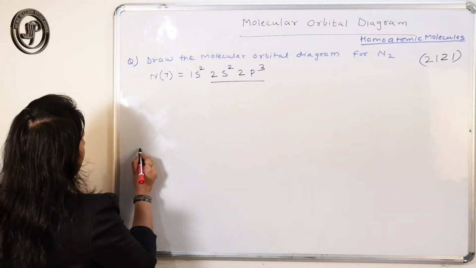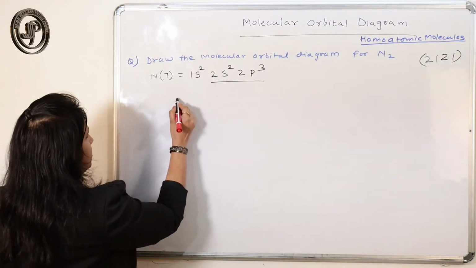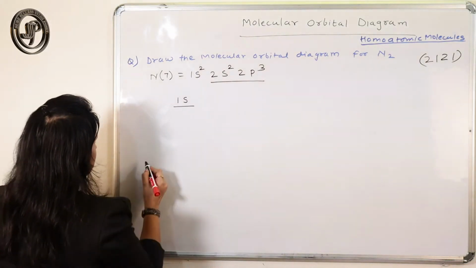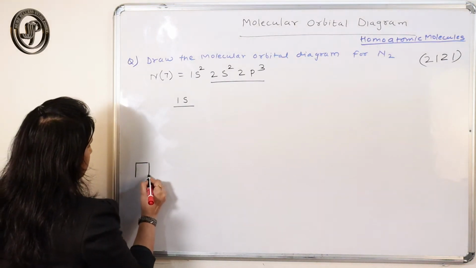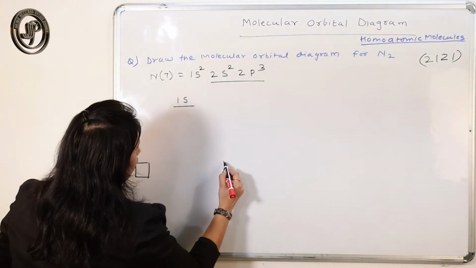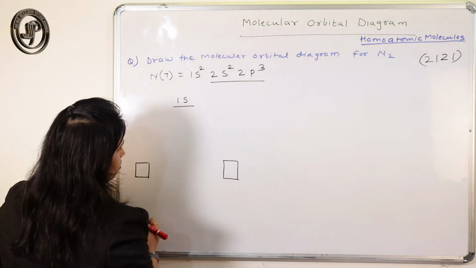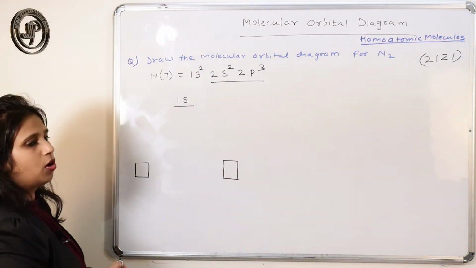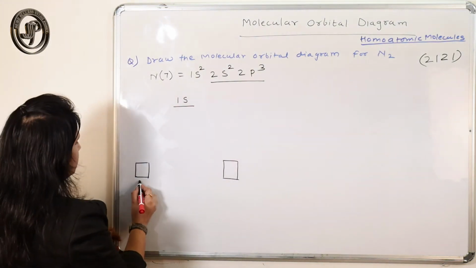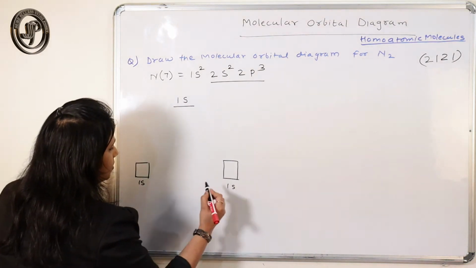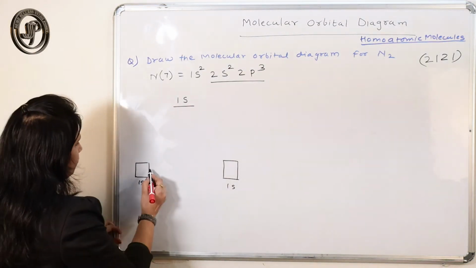So what to do? First, for 1s, I have to draw two boxes. One is 1s and this is 1s.